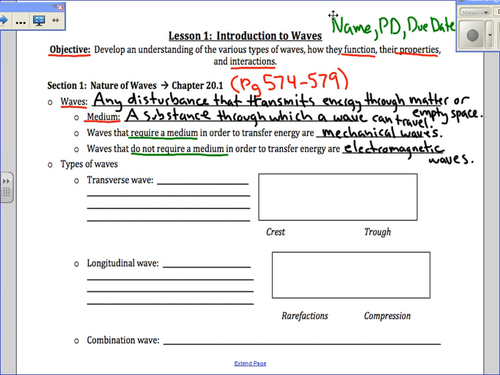Okay, so now we're going to cover the different types of waves. Okay, this includes transverse waves, longitudinal, and combination waves. So the first thing that I'm going to do is define a transverse wave.